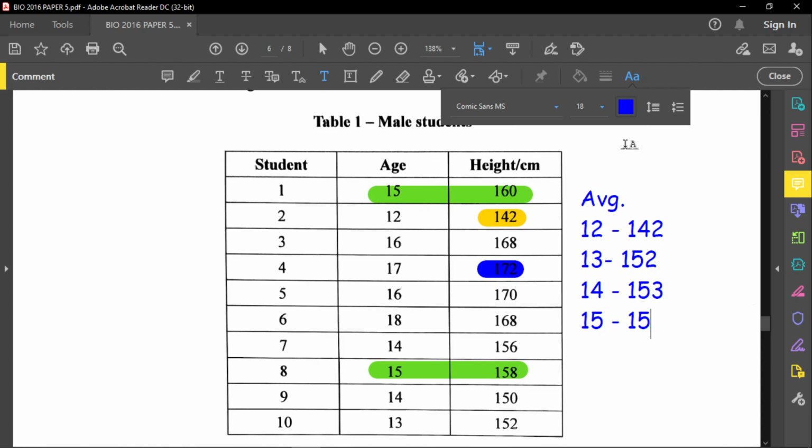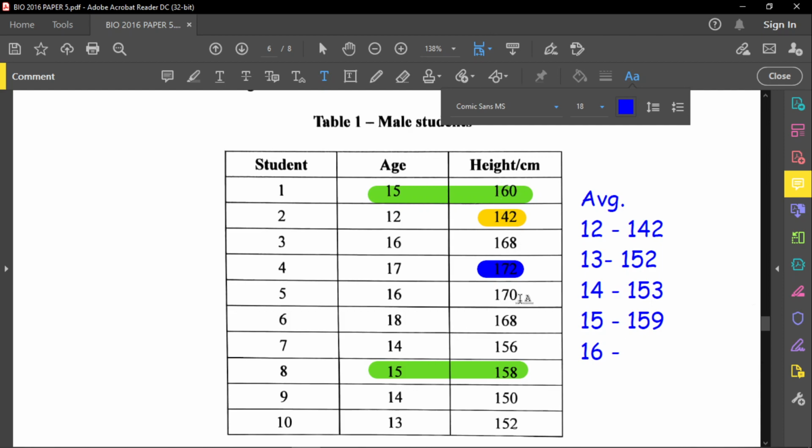Then for the 16-year-olds, you check how many there are here: two of them, 168 and 170.